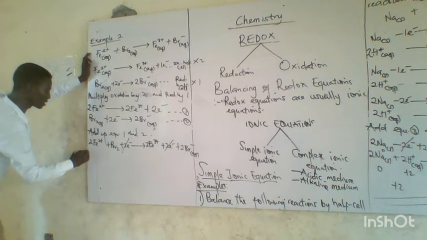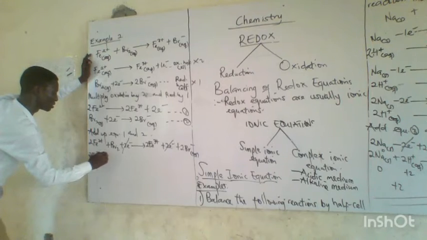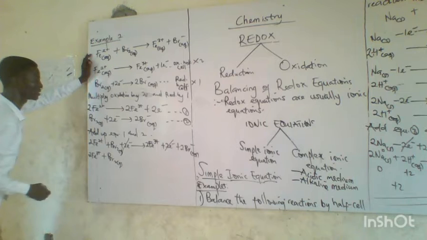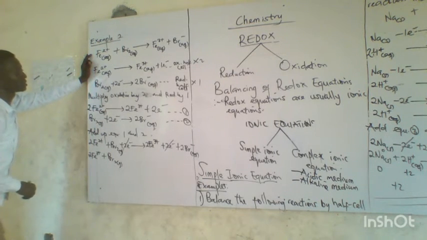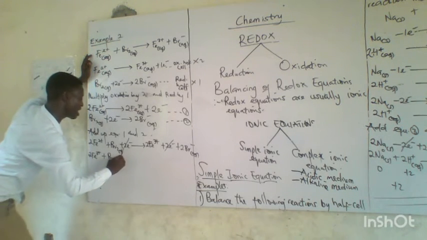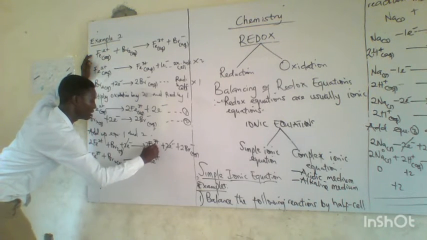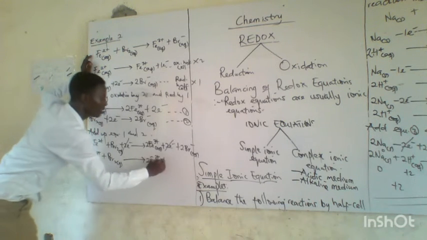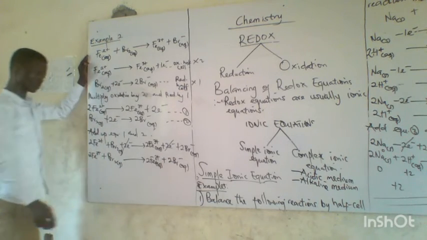So what am I left with? 2Fe 3 plus and Br2, this is a gas, please. I have aqueous here, right? So I can now have 2Fe 3 plus aqueous, right, plus 2Br minus aqueous.